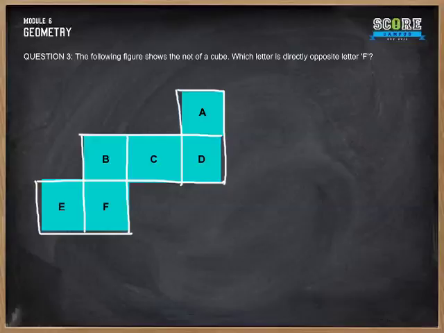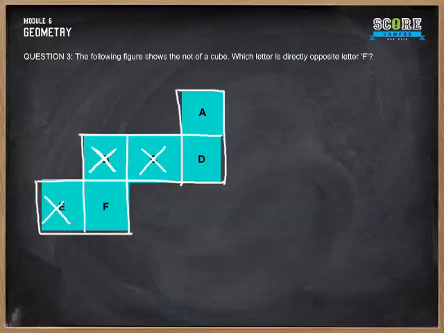So when you try to fold this net, you'll realize that this is an edge to F, this will be an edge to F, and this will also be an edge to F. So we can automatically rule out these 3 letters. We can rule out E, B, and C.